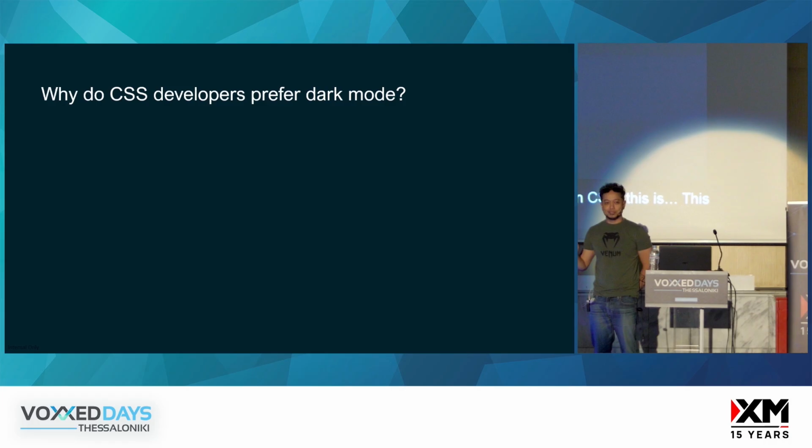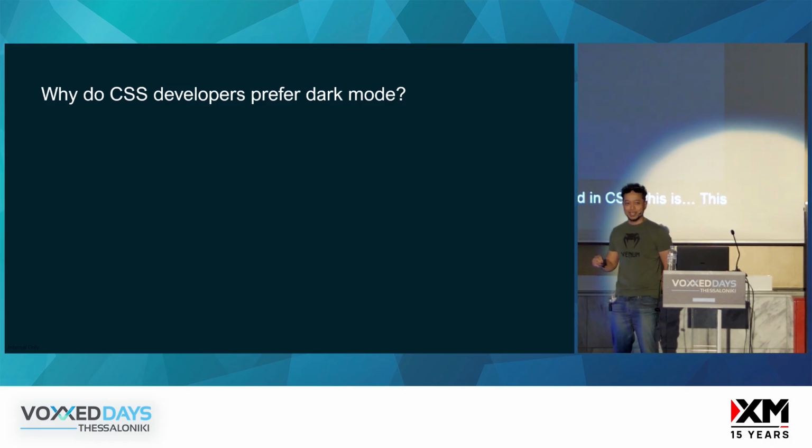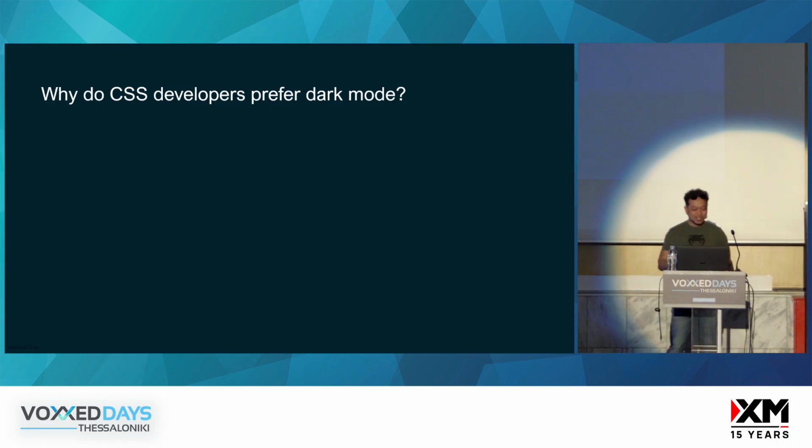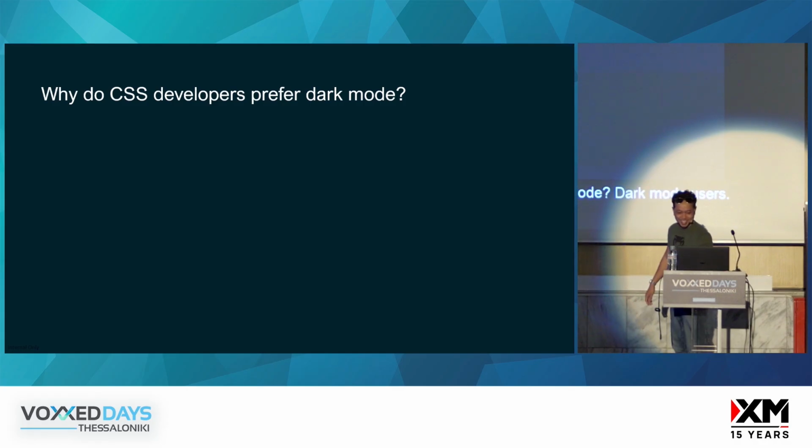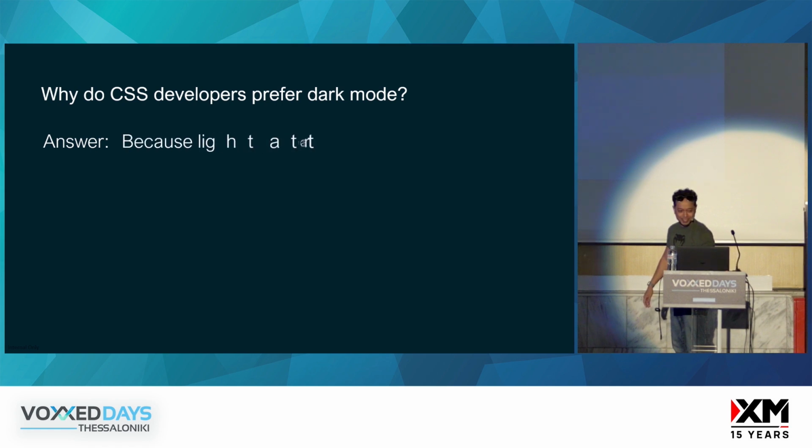But I have a joke. The joke for today is: why do CSS developers prefer dark mode? Dark mode users, right? Oh, why do you prefer dark mode? For your eyes? Really? But actually, based on history, a long time ago, because light attracts bugs.